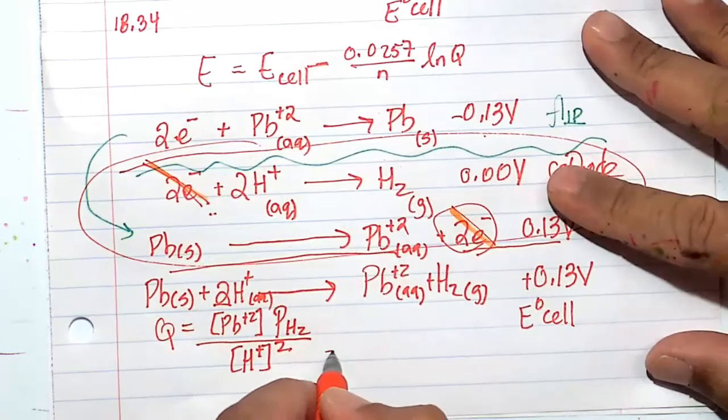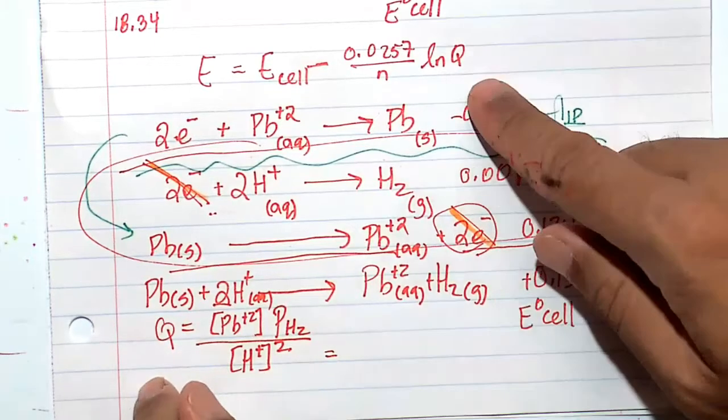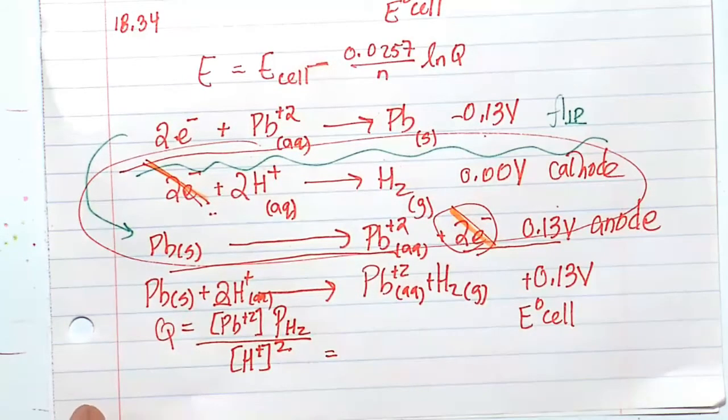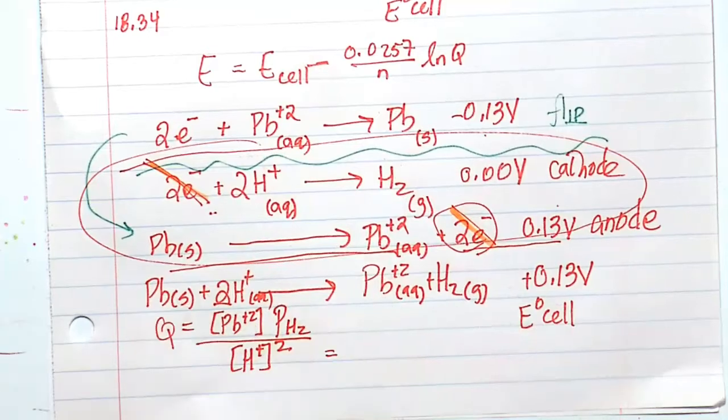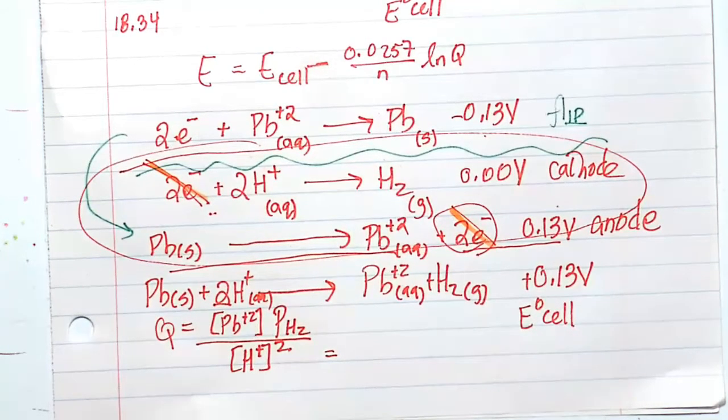That Q is going to go here where we take the natural log. Remember, Q is the same equation as K, but it tells us which way the reaction will shift, either to the reactant side or the product side, in comparison to the equilibrium constant K.